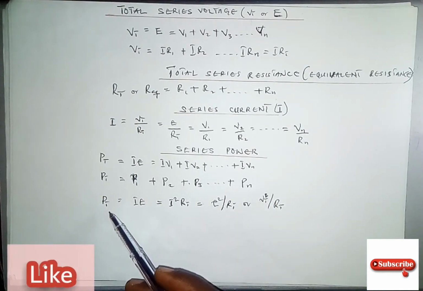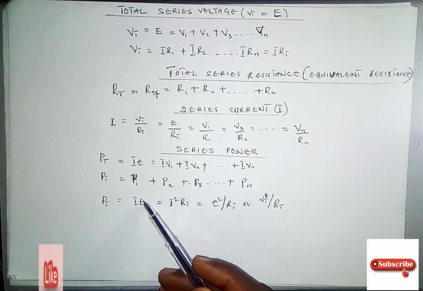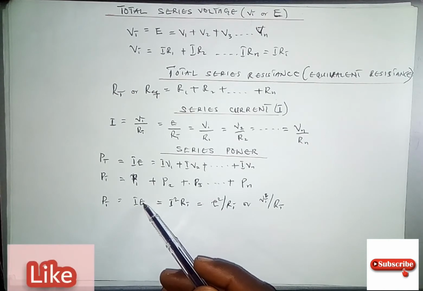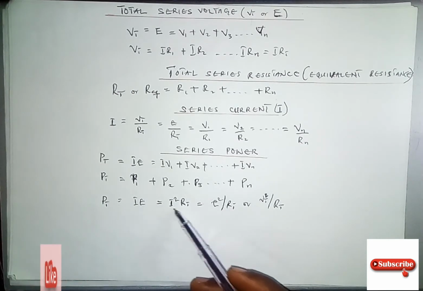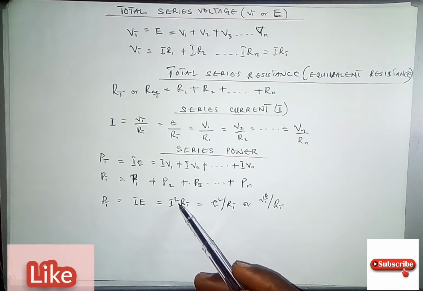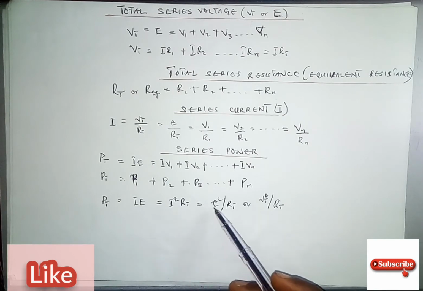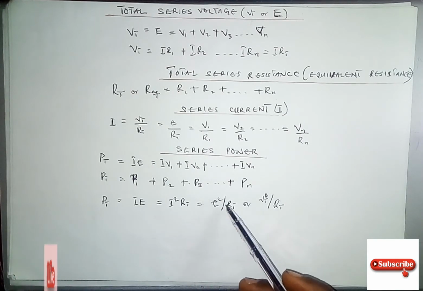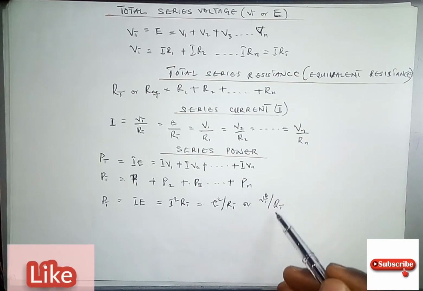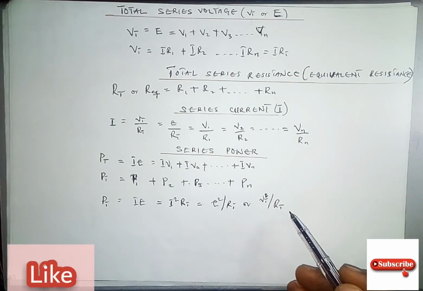We can also have PT equal to IE, which is also known as VT, the total voltage in series, which is equal to the power, I square RT. If you can recall our topic under energy and power, it can also be regarded as E square over RT. It can also be regarded as VT square over RT.